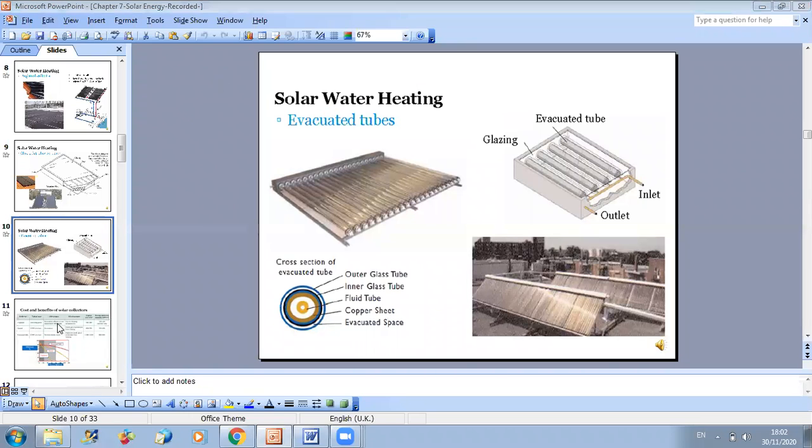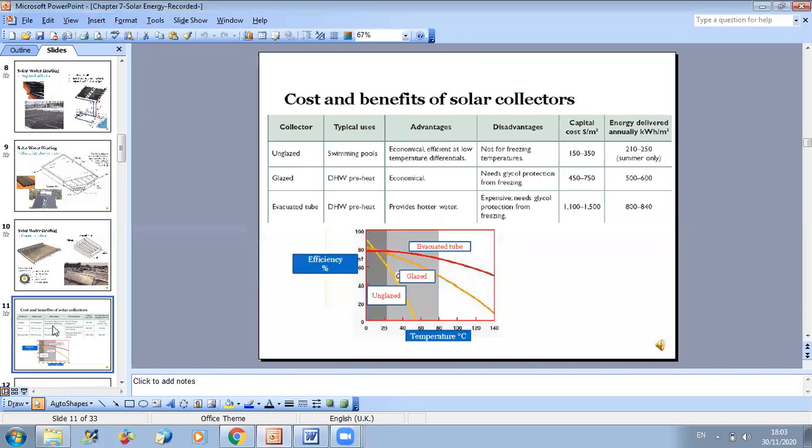Now we will summarize the advantages of each type. Okay, so first, the unglazed collector. It's typically used, as we said, for swimming pools. It has the advantages of low cost, and it is very efficient at low temperature differences. So if we just want to heat, let's say, from 24 degrees to 30 degrees.